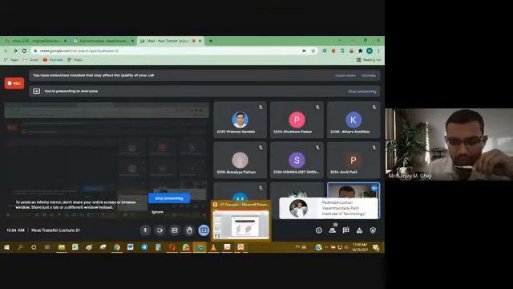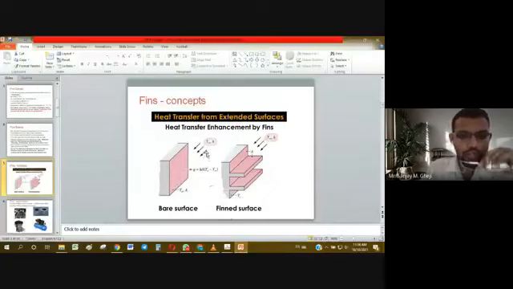Okay, we have to be within the given case and given constraints for the existing system or component or equipment, and there we need to increase the rate of heat transfer, and that is happening by convection.